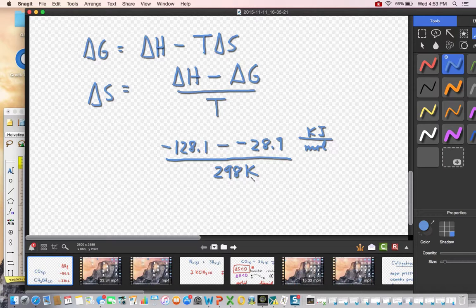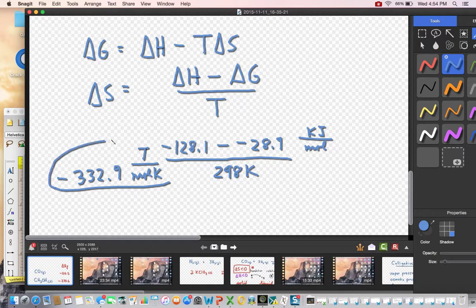So minus 128.1 minus 28.9 divided by 298 times 1,000 gives us minus 332.9 joule per mole Kelvin.